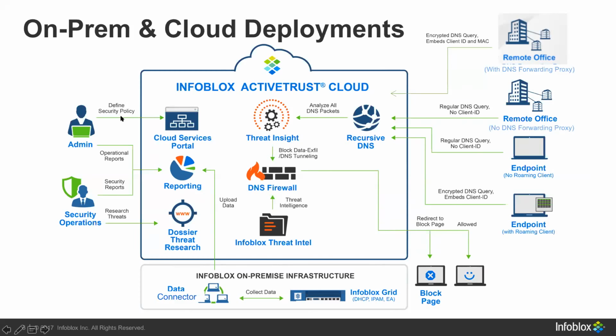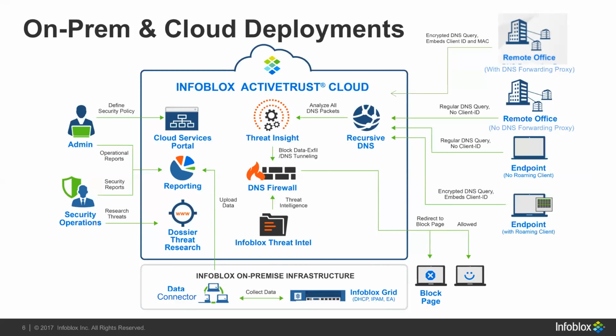On the far left of the diagram, we can talk about some of the roles that customer staff play in utilizing the solution. Clearly the admin staff would be primarily involved in setting up the policy control through our cloud services portal. They'd be able to go in and configure the appropriate policy for allowing, blocking, or logging various base threat feeds and other algorithms that we have made available in ActiveTrust Cloud.